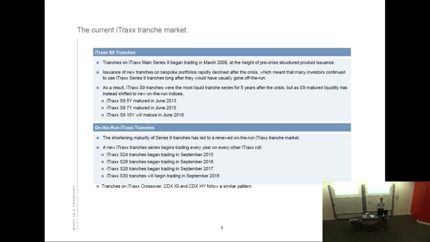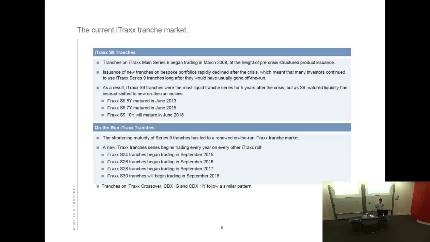And the index tranches, initially, their main purpose was actually for banks to hedge the positions in their bespoke books. So this S9 tranche was issued when the bespoke market was in its prime, if you want. And so the S9 tranche coincides best with the portfolios that were issued at the time and with the maturities at the time. And so the S9 tranche is still outstanding and actually very actively traded.